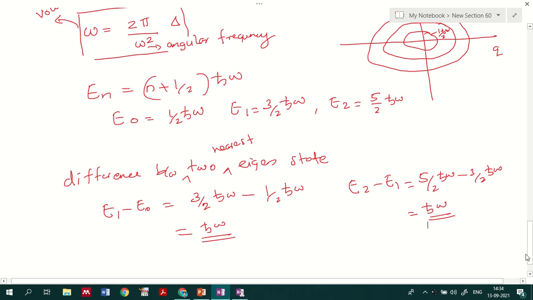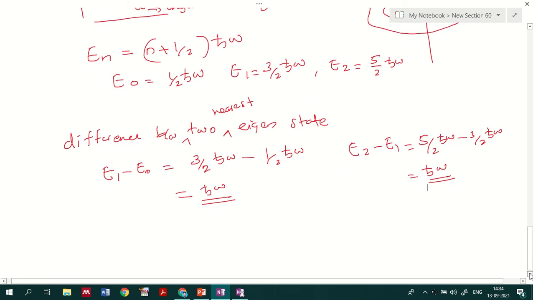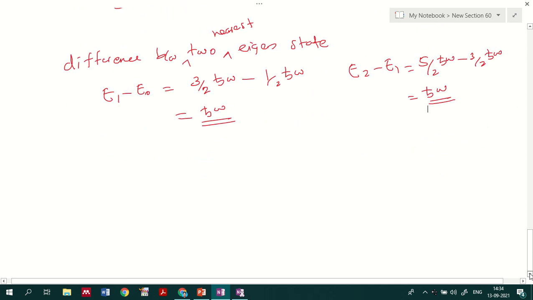Okay, when the energy is quantized, we represent it as (n plus half) h cross omega, which we already know. And the energy difference we obtained here is h cross omega.